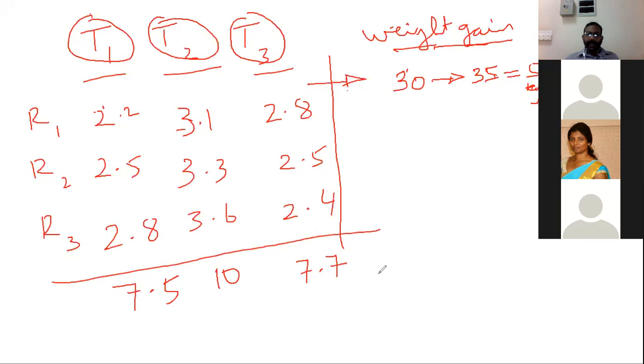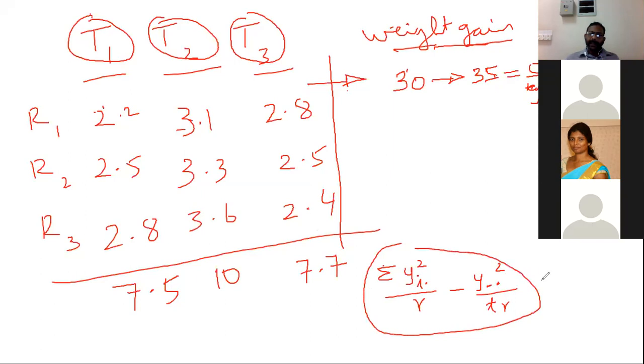So we can calculate the treatment sums of square. That is, for example, summation y_i dot squared, divided by r, minus y dot dot squared, divided by t r. Don't forget this formula, right? So this is called the treatment sums of square.